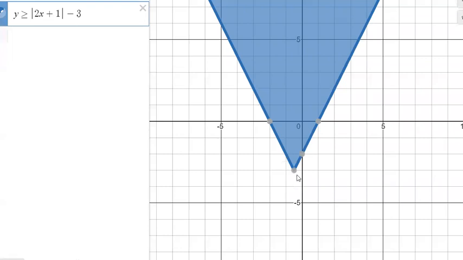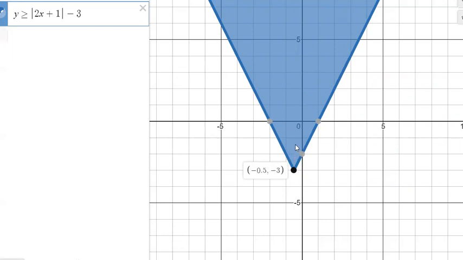And if you look right here, the vertex at the bottom is going to be -1/2, -3. So that should help you pick out the graph. Also, notice that it's shaded upwards.